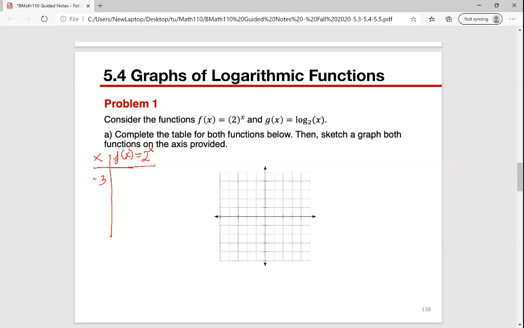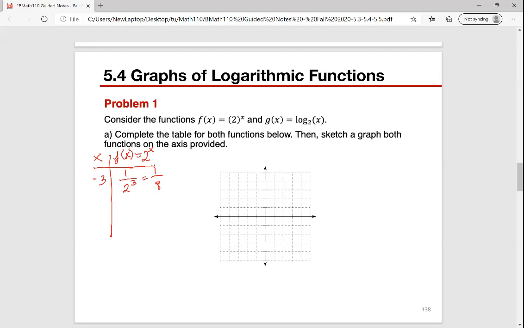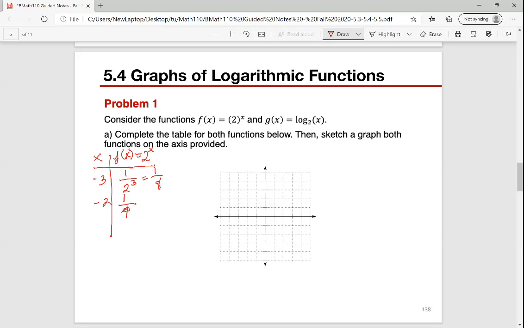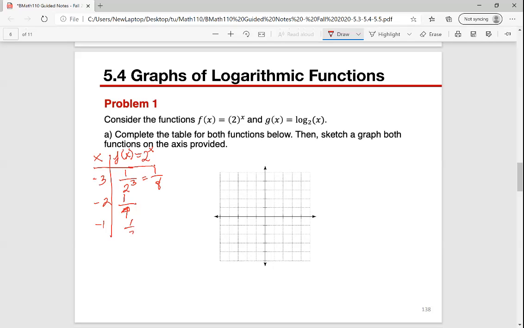Then I have what? 2 raised to negative 3 will be 1 over 2 cubed, or 1 over 8. And then if I have negative 2, I have 1 over 4, similarly, right? And if I have negative 1, I have 1 over 2.